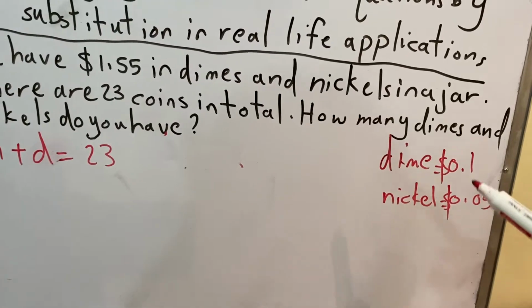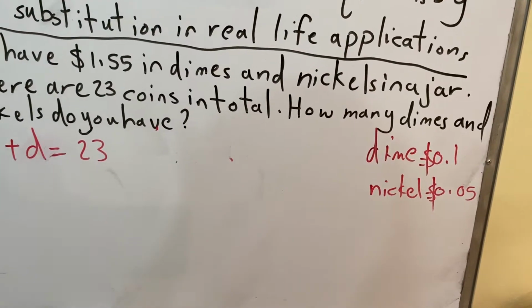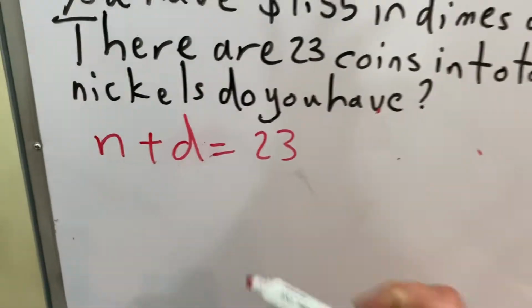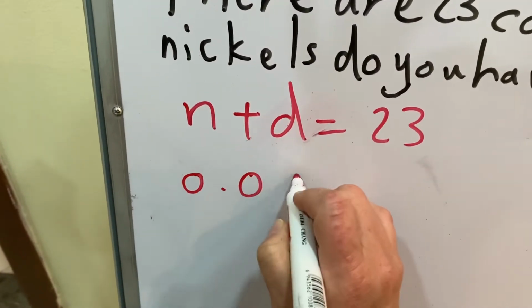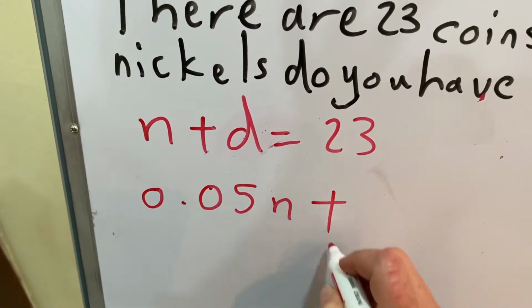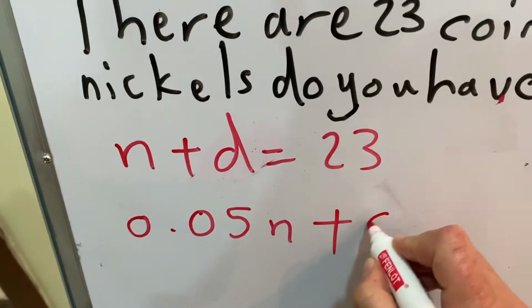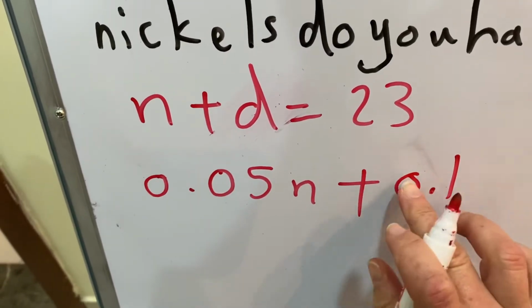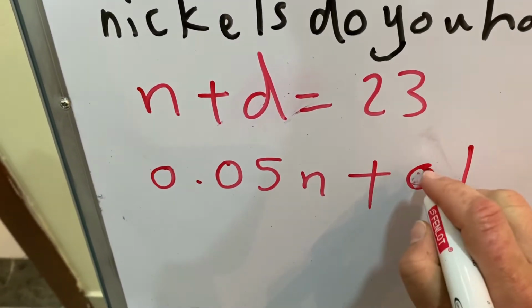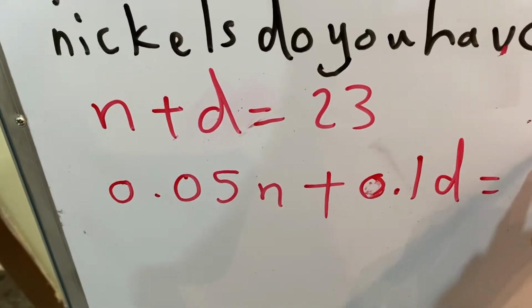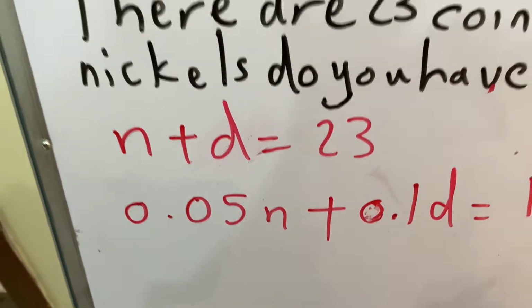So I will write 0.05N, which is the nickels, plus 0.1D, which is the dimes, equal the total of the money, which is 1.55.